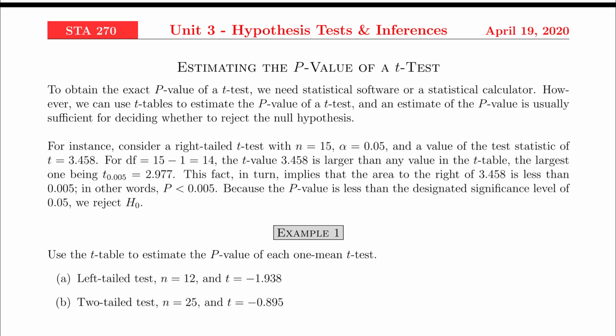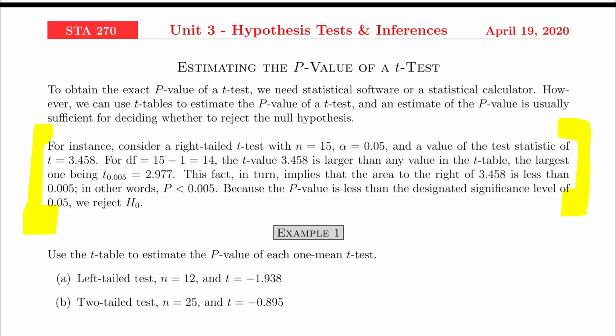But right here, what I want to look at is here in the middle of the screen right now. We're just doing a quick for instance. So consider a right-tailed test with n equals 15, so our sample size is 15. Alpha is 0.05, so there's our significance level, and a value of a test statistic of t equals 3.458. So to calculate the degrees of freedom, take the sample size minus 1. The t value in this case of 3.458 is larger than any value in the t table.